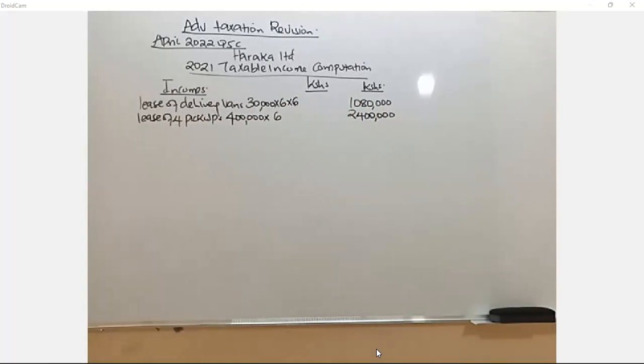We are being told 20 computers to Upper University at a monthly lease of 400,000. So number 3, we are being told 20 computers to Upper University at a monthly lease of 4,000 each. So in this case, we are talking about computers.